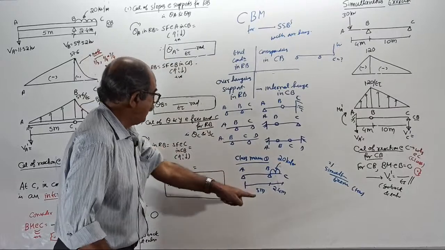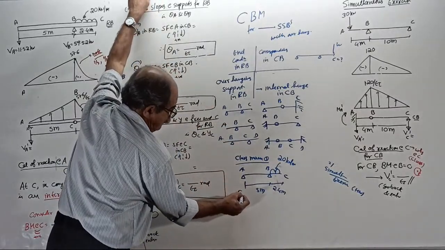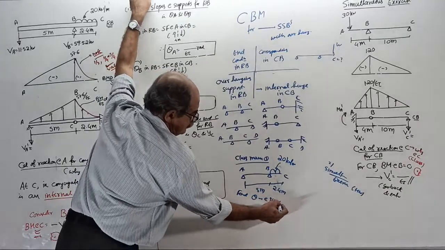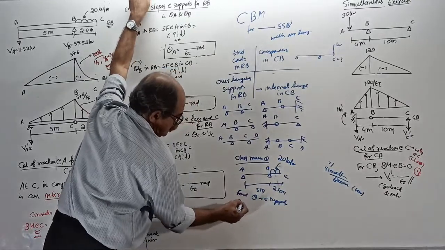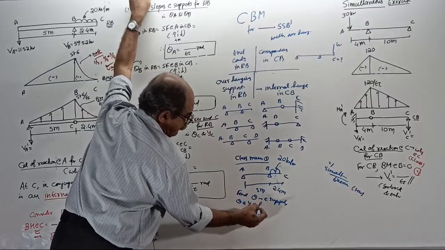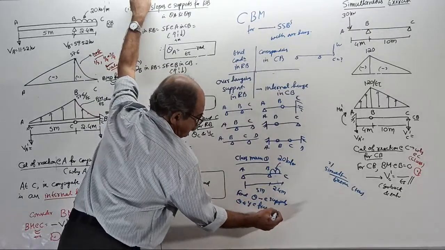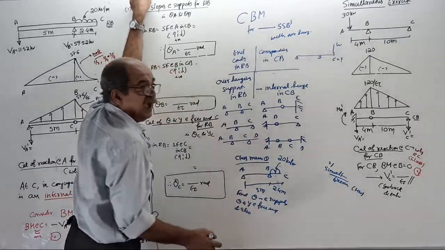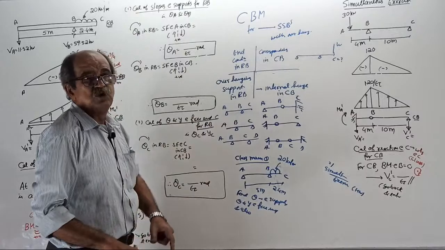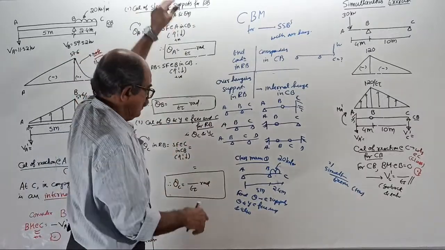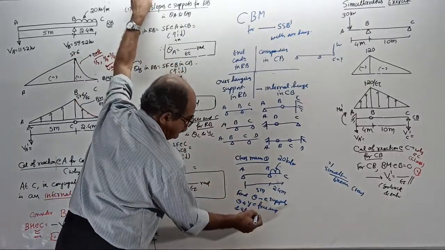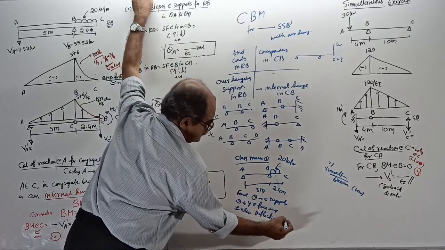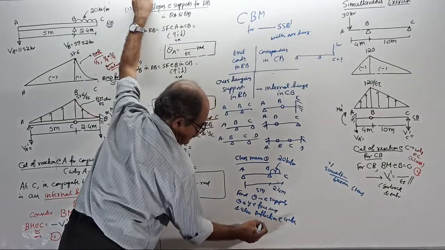That's all. Find the slopes at supports, slope and deflection at the free end, that is here, and also the deflection at the center of the span. A random point can be given, but usually popularly the center of the span.